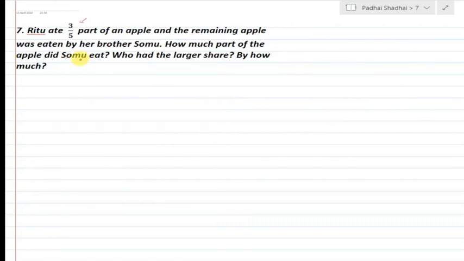So there was one apple beta, and from that 3 by 5 part was eaten by Ritu. So from one apple, the part of the apple that Ritu ate is equal to 3 by 5.